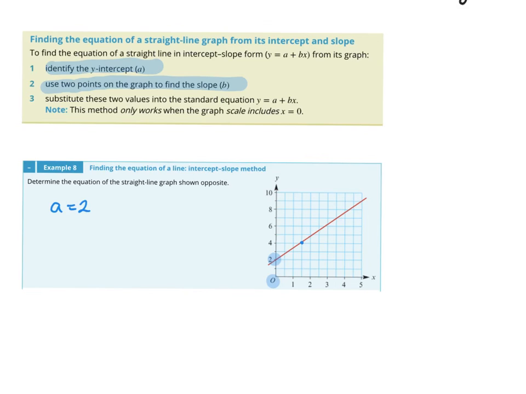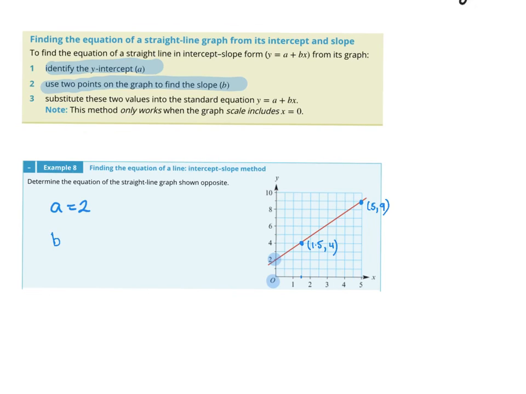I reckon that one's pretty nice and neat. So x is 1.5, would you agree, and y is 4, so there's 1 point. I might use this one up here because the line goes right through it. So I might use 5 and 9. You happy with that?